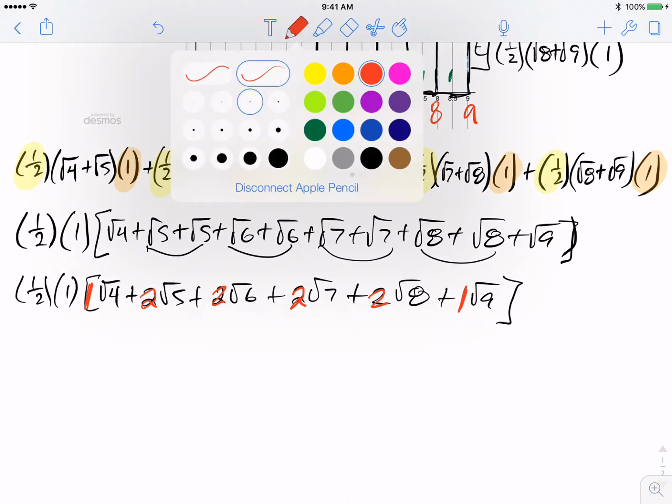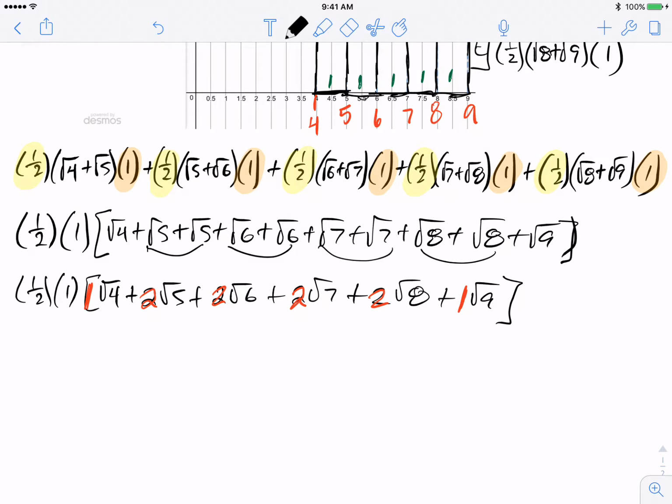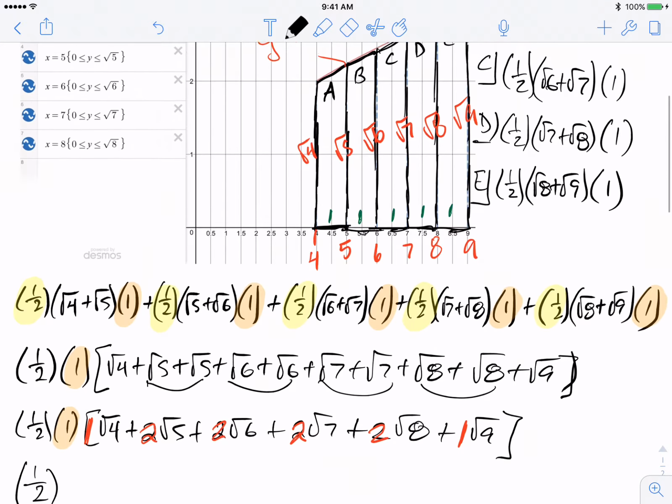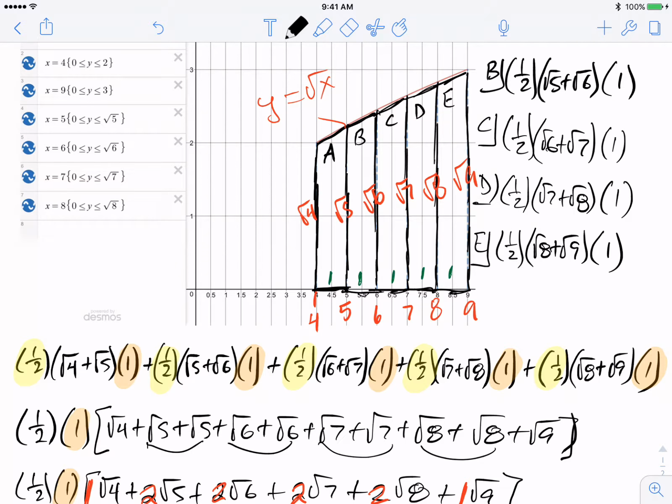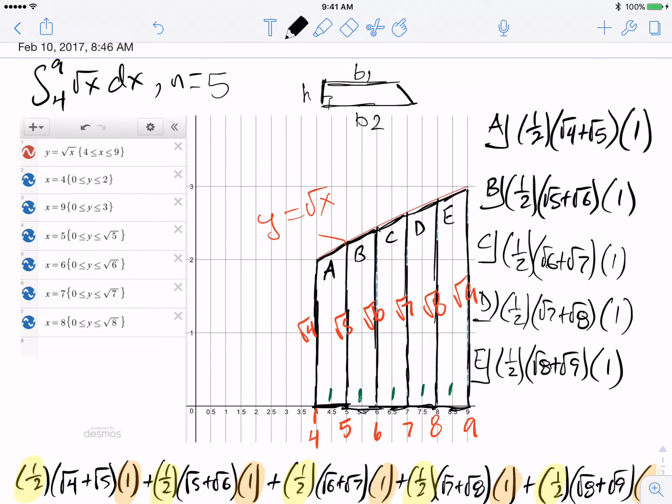Now, 1/2. What I want you to notice about this 1, this one's kind of important for us, because the 1 comes from the following. I know that I'm going from 4 to 9 here. So I know that I'm looking at the interval 4, 9. And I know that n is equal to 5.